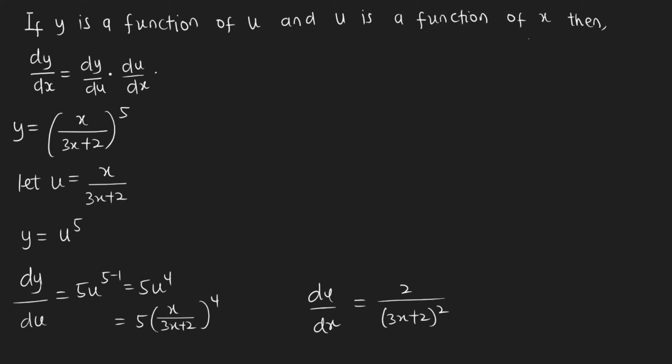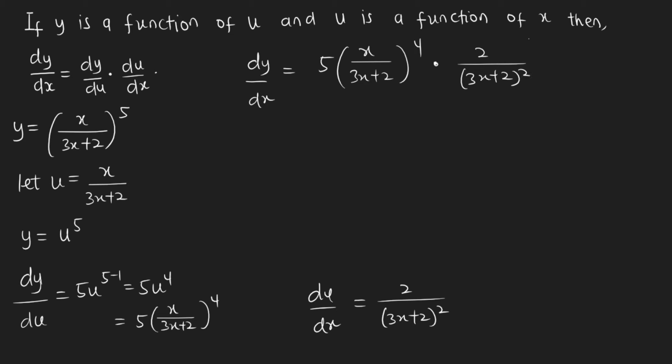Now let's go back to the general formula. We have dy/dx equal to dy/du. But we know dy/du to be 5 multiplying x over 3x plus 2 to the power 4, times du/dx, which will be 2 divided by 3x plus 2 squared.